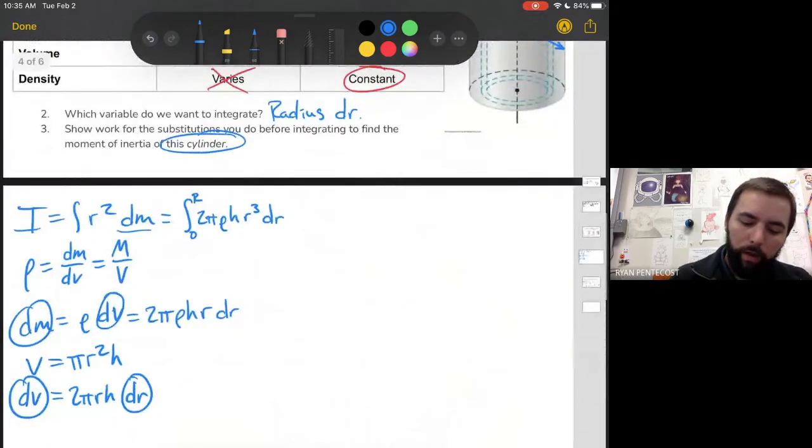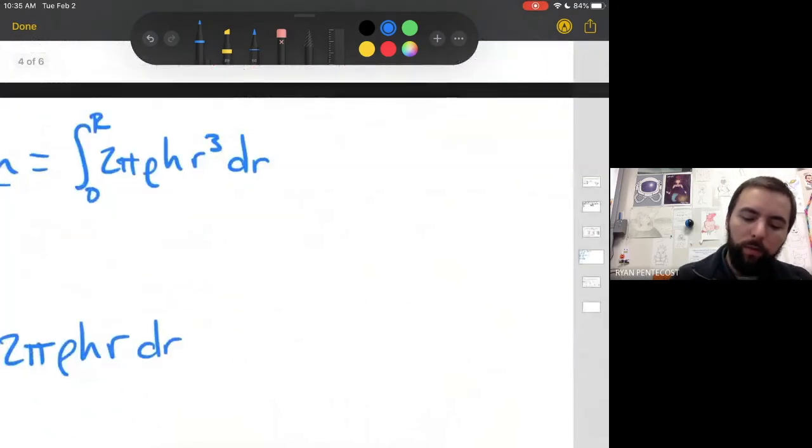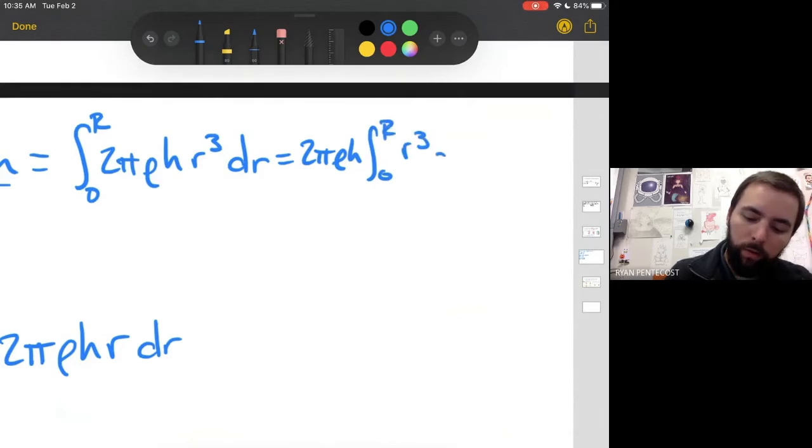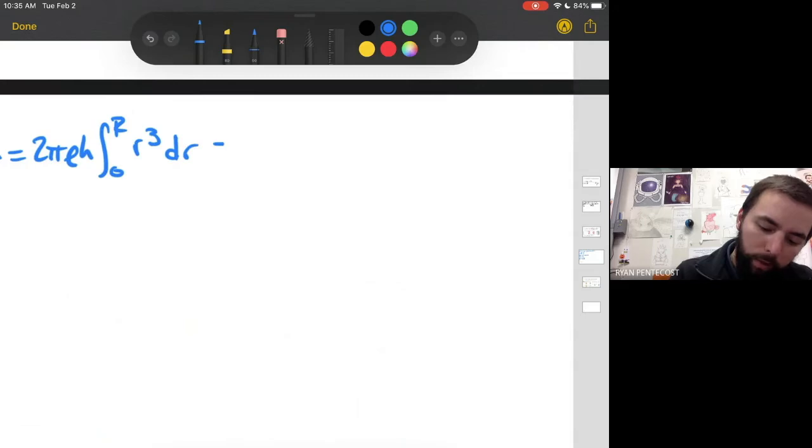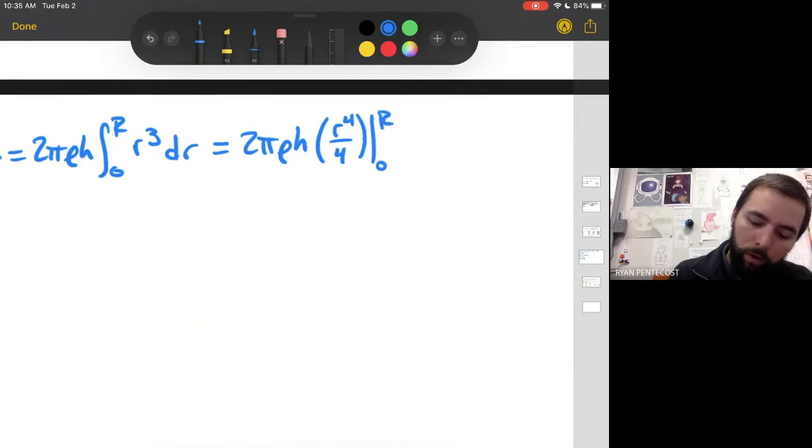So let's see what we do first. I get everything that's not being integrated out. So this would be 2 pi rho h times the integral from 0 to r of r cubed dr. So we've got 2 pi rho h times r to the 4th over 4 from 0 to R. Your initial value is 0, so you can just plug in your final value.